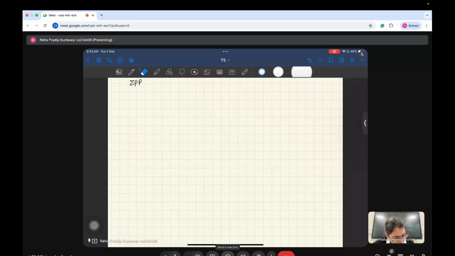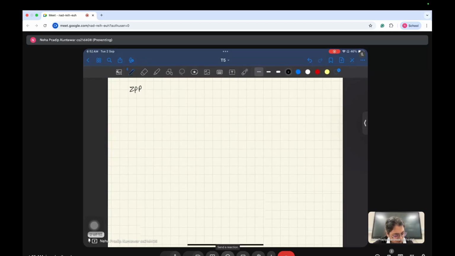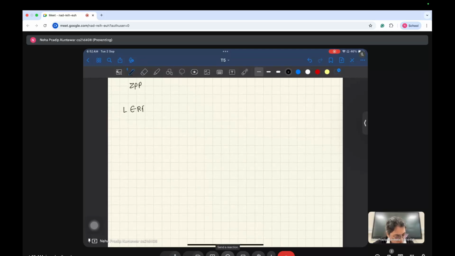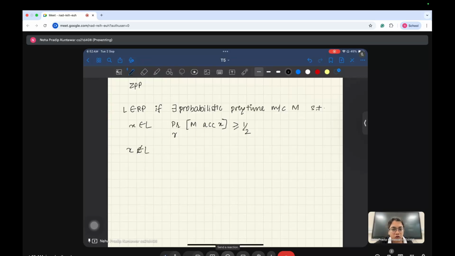We say that a language L is in RP if there exists a probabilistic polynomial time machine M such that whenever x is in the language, the probability that the machine M accepts x is at least half, and if x is not in the language, then we are always going to reject x.